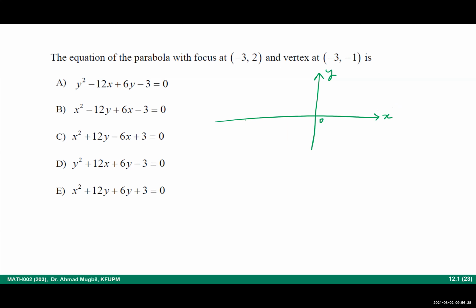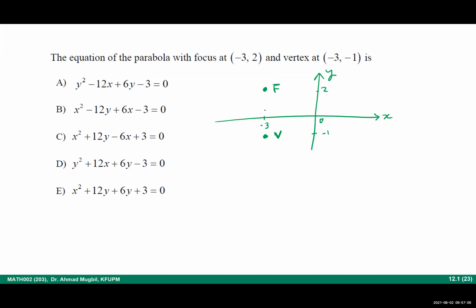Let's say this is -3 and 2. This is the focus, and the vertex is -3 and -1. So this is -1, this is 2. So this is the focus, this is the vertex.